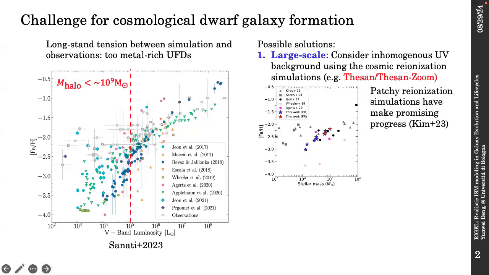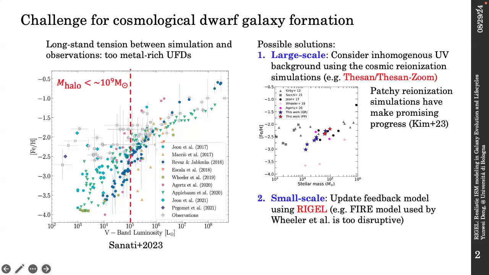For example, recent work by Kim et al. has shown that even a very coarse patchy reionization treatment, where you still use a uniform UV background but tune the amplitude of this background based on the environment, can alleviate this tension significantly. Therefore, it's promising that using more realistic cosmological reionization simulations, we can further address this issue.